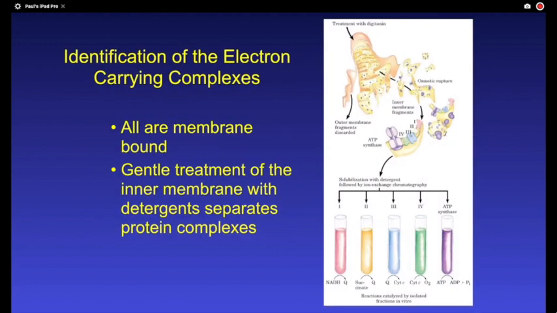Now, when we started looking at what was going on with the mitochondria, this was way back when there were no biochemists. It was really organic chemists that were dealing with biological systems. They started doing separations, and when they did, they separated five functional fractions in the membrane that did five separate things.